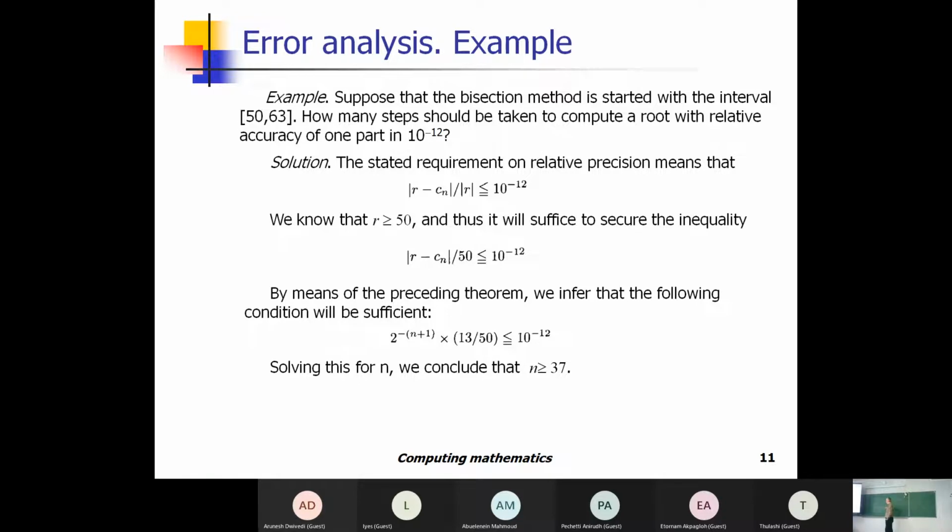The logarithm of 2 power minus n, you can move minus n before the logarithm, and after that you simply find the n. Please compute, please find the n using this idea, and the correct answer is that n will be greater than 37. So it's enough 37 steps to find the solution with the given tolerance.